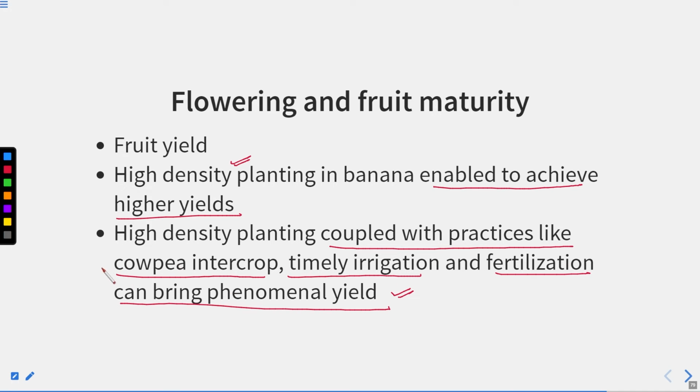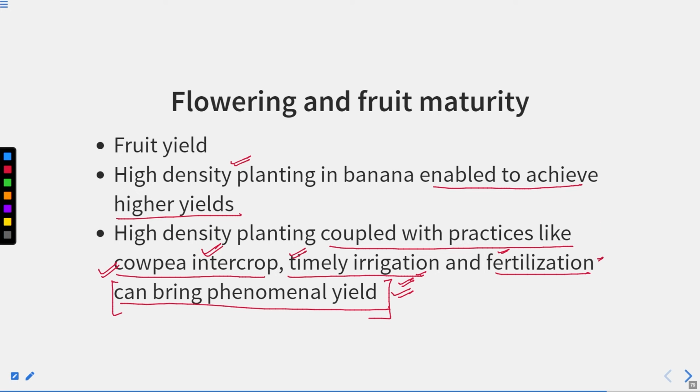If you have cowpea intercropping, timely irrigation, and fertilization at the right time, then obviously you will have more yield than in the situation with no intercropping, no proper irrigation, and no timely fertilization, where the yield of banana will be less.